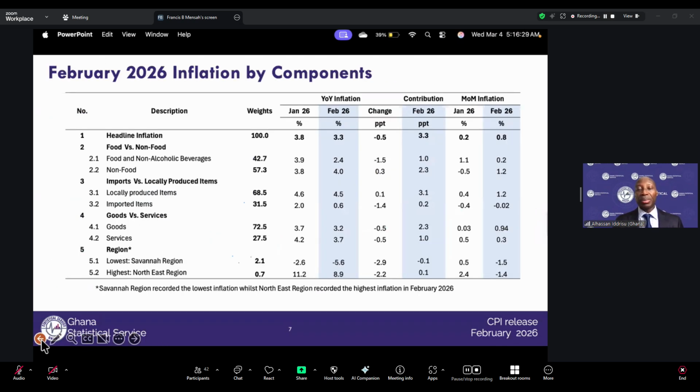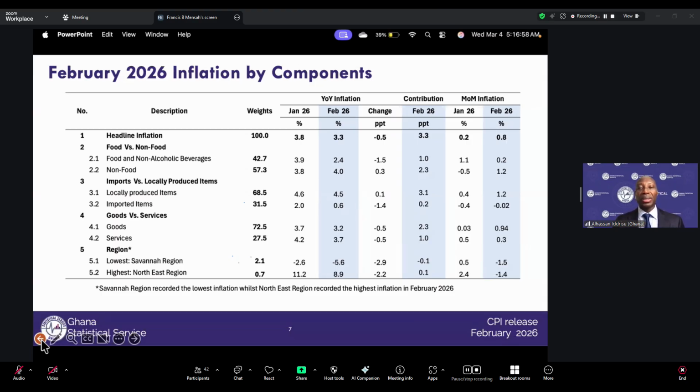Now, food constitutes about 30.3% of the overall inflation rate of 3.3% in February 2026. So in other words, I'm talking about the contribution of food. Food contributed about 30.3% to the overall inflation rate of 3.3% in February.